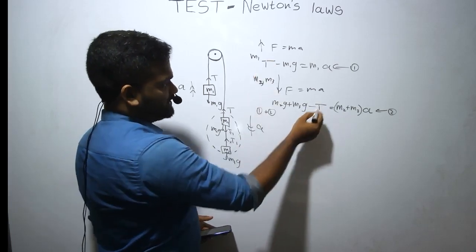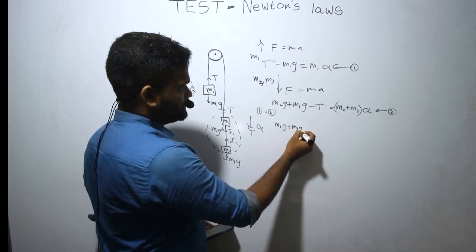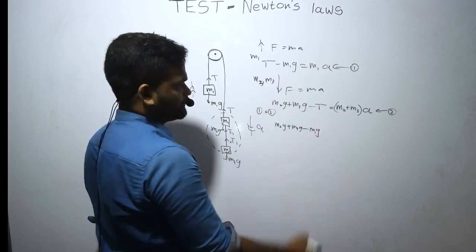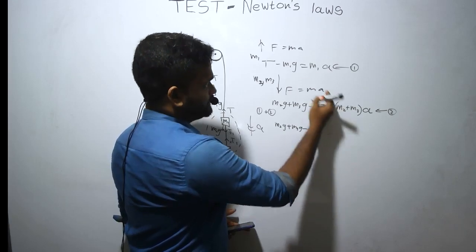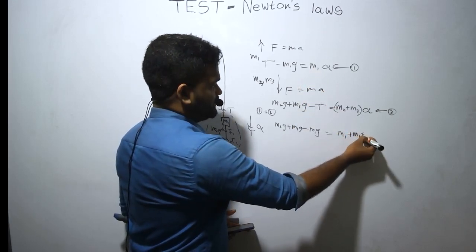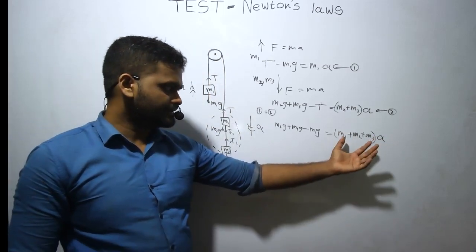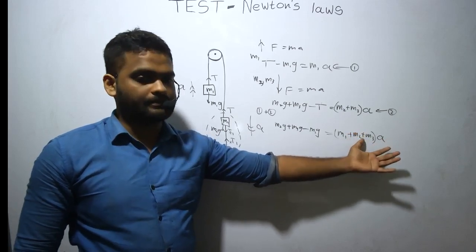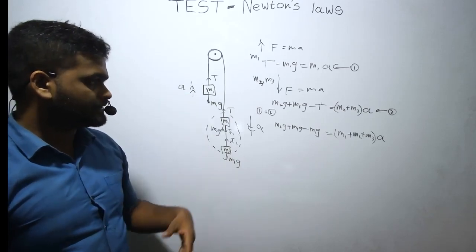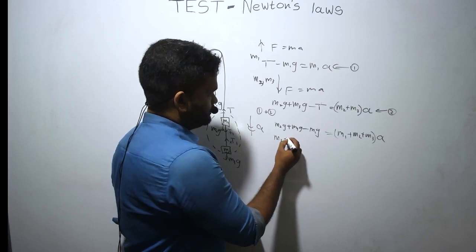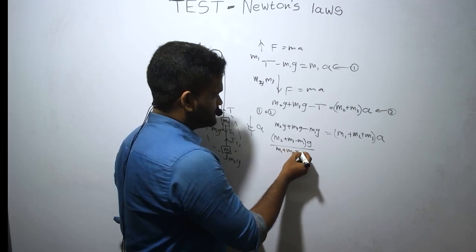Plus T minus T cancels off when you add them. You get M2G plus M3G minus M1G equals M1 plus M2 plus M3 times A. From this, you can get an expression for A, the acceleration of the system: M2 plus M3 minus M1, take G out, divided by M1 plus M2 plus M3.